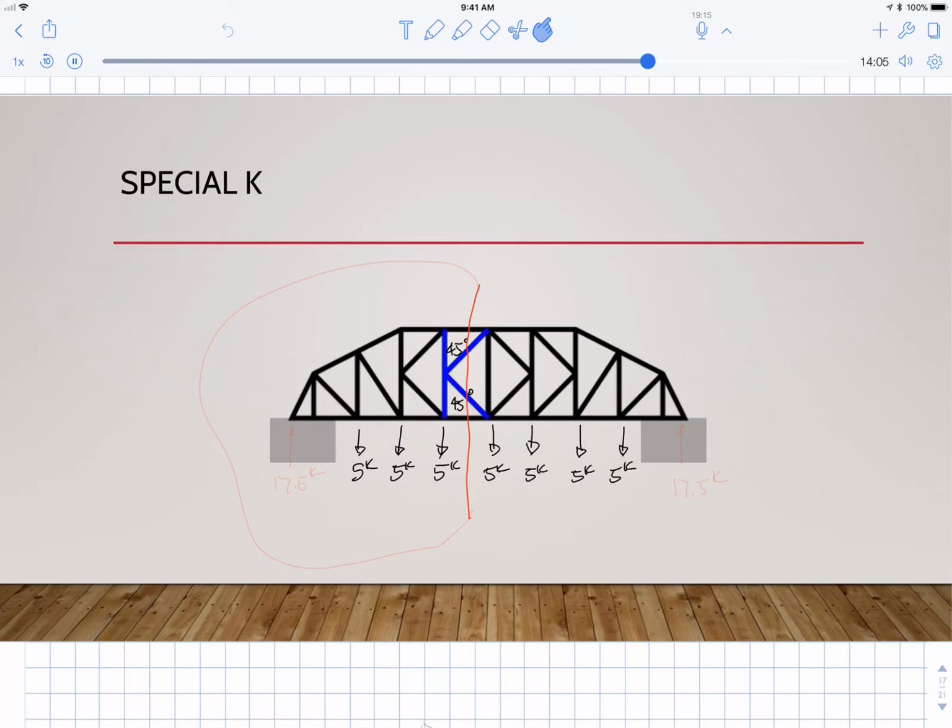Oops, I forgot to do the first step, get the reaction. So let's just say that's 17.5 kips, and that's 17.5 kips. Okay, next we're going to close the loop.